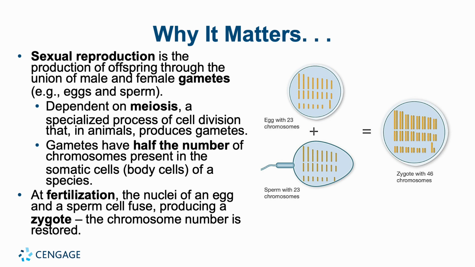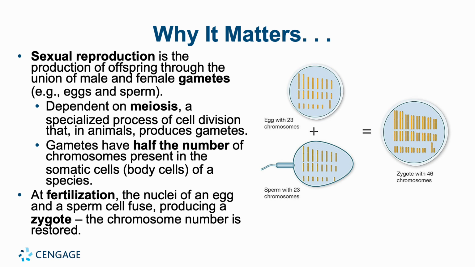Okay, now gametes have half the number of chromosomes present in the body cells of a species. So for example, if humans have 46 chromosomes in their body cells, that means how many chromosomes are there in their gametes? It is very good. It is 23 because 46 divided by 2, or the half of 46, is 23.